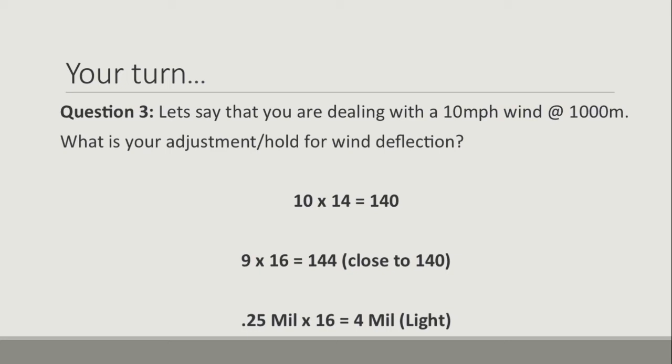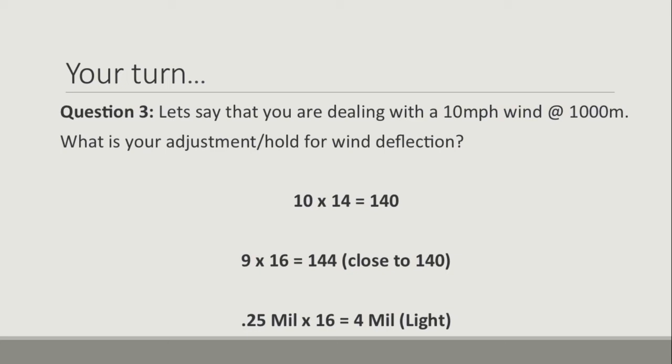Just to give you an example, 9 times 15 is 135. So 135 is also close to 140, but just slightly, it's like one number more than 144. So not a lot in it. 140 kind of sits bang in the middle.